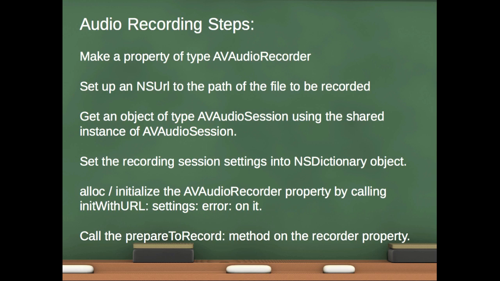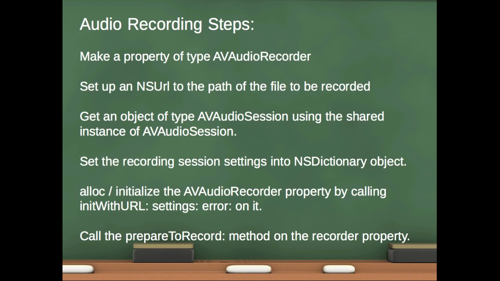And I'm going to call this the shared instance. Now, there is an NS dictionary object inside that AV Audio Session object, the shared instance. So you set those into a mutable dictionary, and then you're going to use that in the next method that you call.